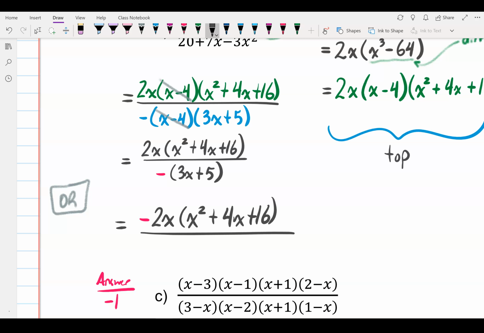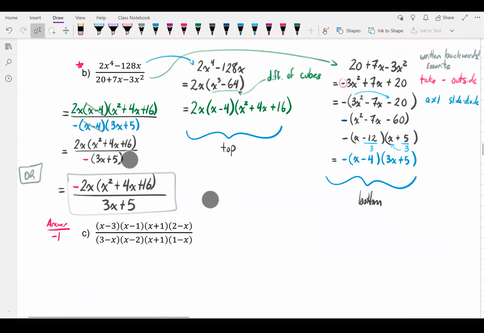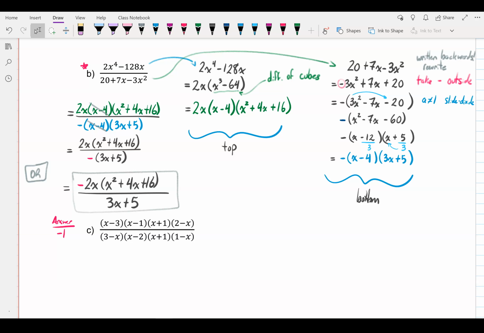And the bottom would be 3x plus 5. And because that's the only thing on bottom and there's no sign outside of it, we don't need to include the brackets anymore on bottom. So that would be our better answer. I would accept the top one, but this is the better version. So that is a very long question. That's quite difficult. So I'm going to say make sure you take the time to understand this question.